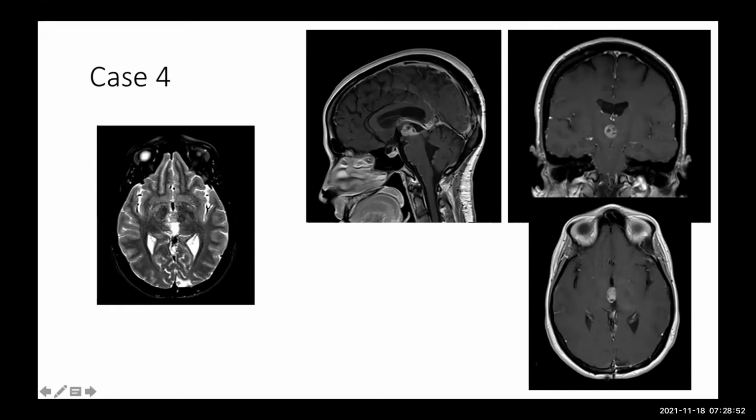So, this is a patient who's had multiple surgeries for her tumor. If this is a germinoma, what is the mainstay of treatment for germinoma? Do patients with germinoma typically get surgery? No, they get radiation. Right.